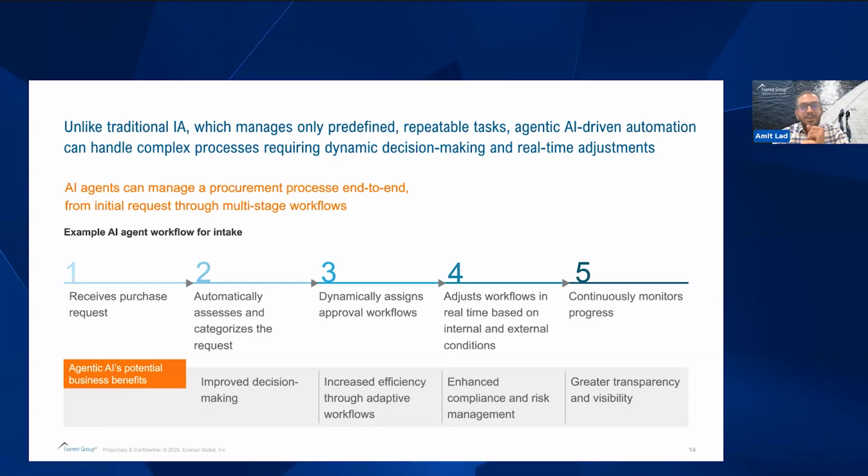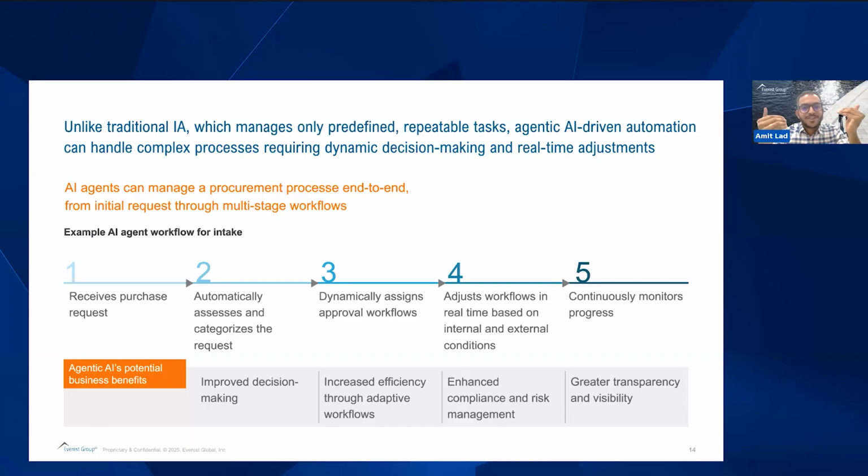Once it does that, it will not just stop and let all the activities happen, because as we know, there are various bottlenecks that keep arising across the approval process, and business users tend to have a bad user experience because of this, right? That is where the adaptability which AI agents have will come to the fore.